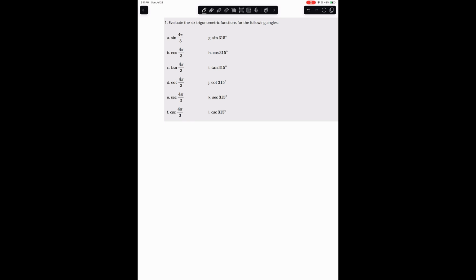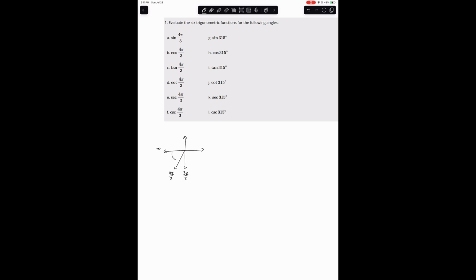If we draw a graph, we know that it's somewhere around here. It's between pi and 3 pi over 2, right? And this is 4 pi over 3.